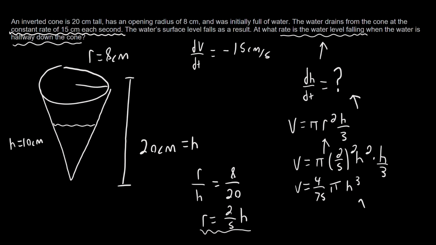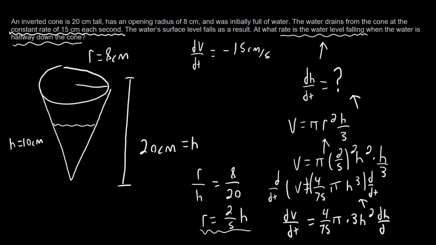So now that we have it all in terms of h, we could differentiate with respect to time. And we'll get dV over dt equals 4 over 75 pi times 3h squared dh over dt.